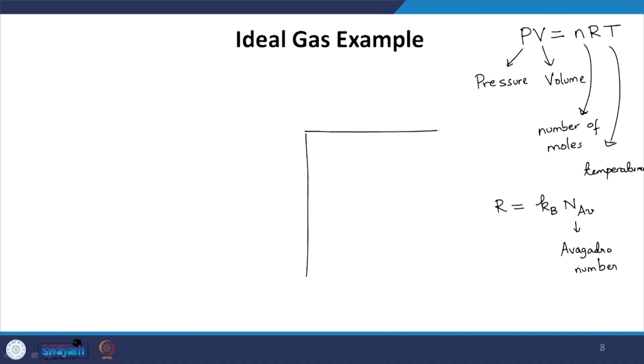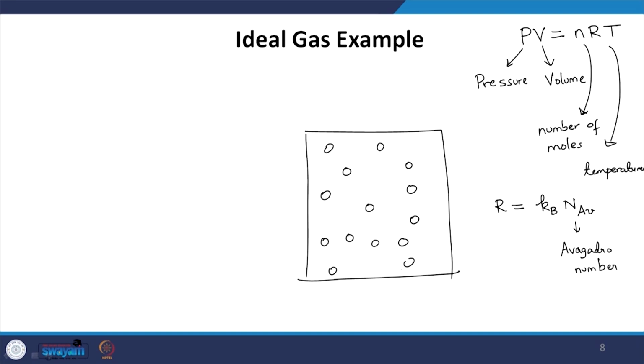Okay. So, how do we define an ideal gas? The picture is that we have molecules present in any substance. Again, we can think of a box containing molecules, and each of these molecules is assumed to be point-like.